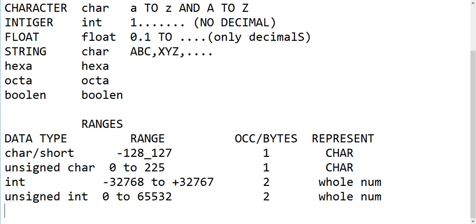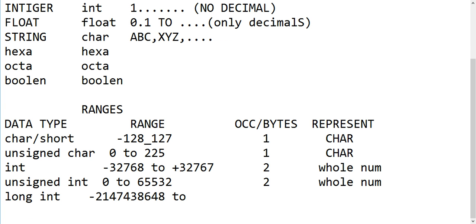Then comes the long integer. It is from minus 2147483648 to plus 2147483647.